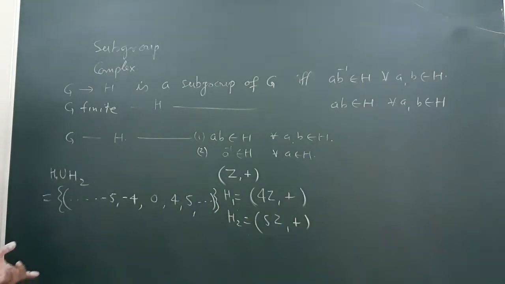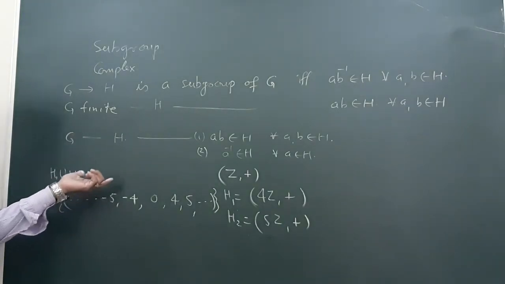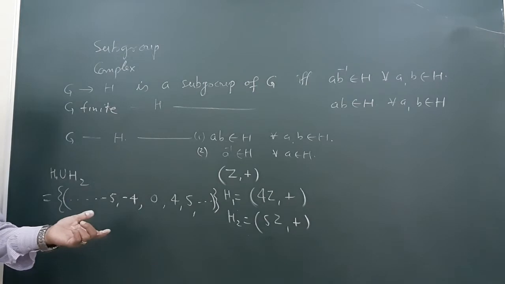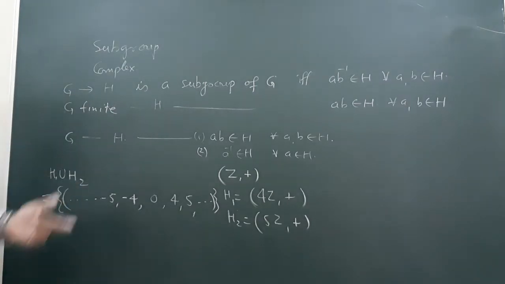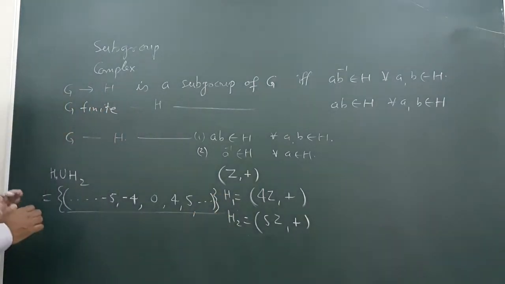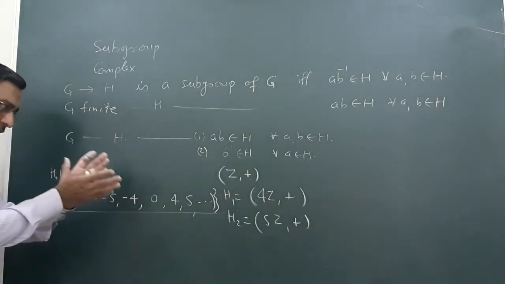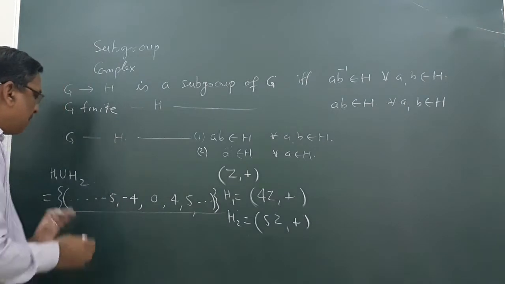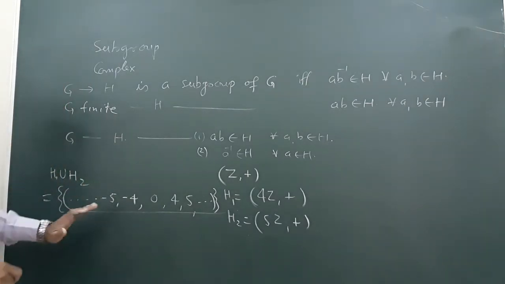And the union of two subgroups is not a subgroup if one is not contained in the other. This may be proved from this example: H1 is a subgroup and H2 is a subgroup, but the union of these two subgroups is not a subgroup.